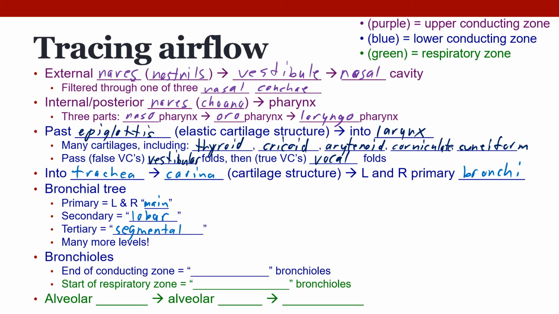At the end of the conducting zone, we hit the terminal bronchioles. And then just as you get off, go through the terminal to get to the airplane, we go through the terminal bronchioles to get to the respiratory bronchioles. Then that takes us to alveolar ducts, possibly alveolar sacs, and then finally alveoli.